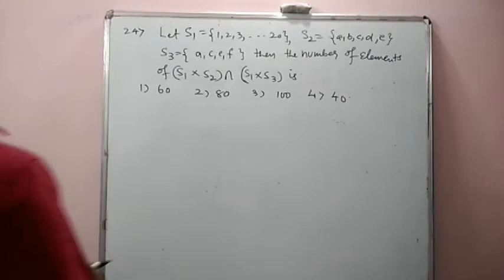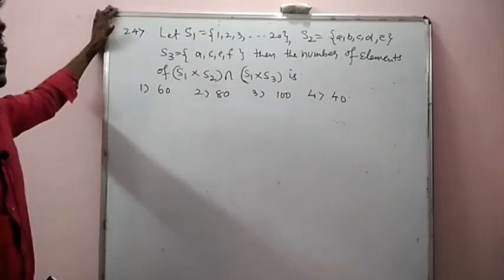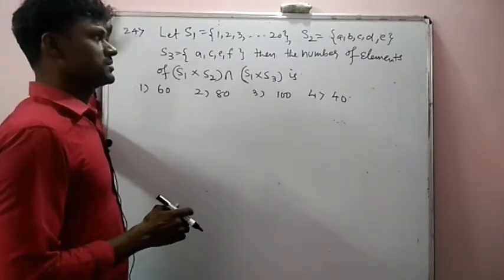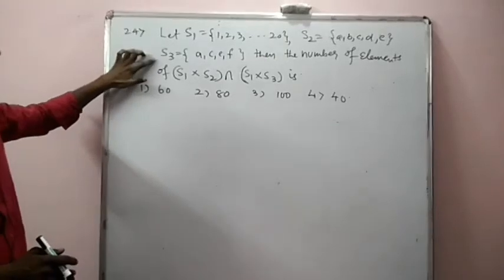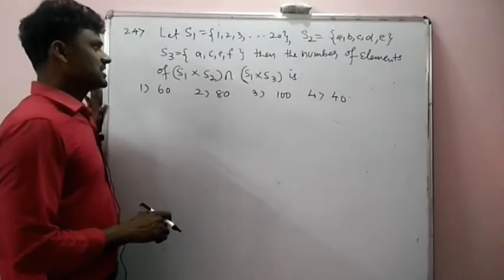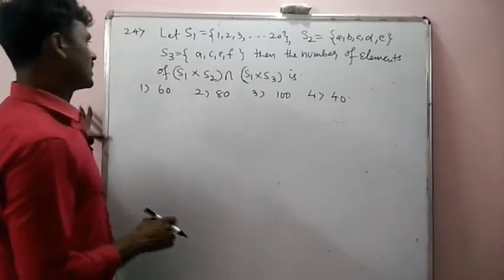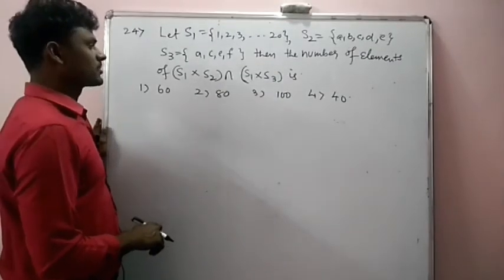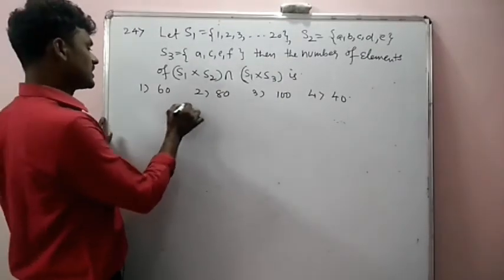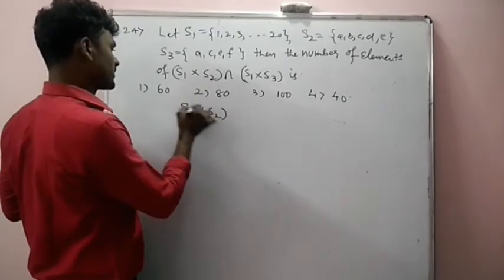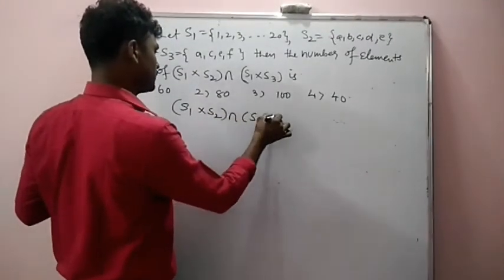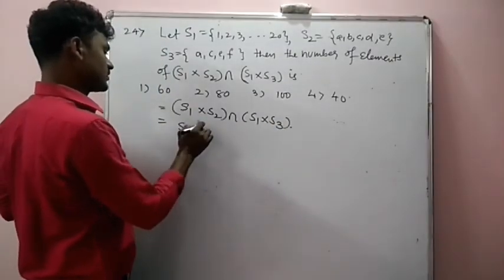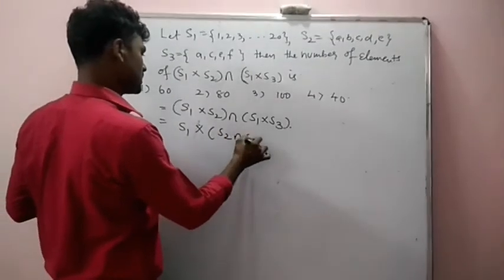Okay, next question: let S1 be the set of 1, 2, 3 up to 20 elements, set S2 is the set of A, B, C, D, E, and set S3 is the set of A, C, E, F. Then find the number of elements of the Cartesian product of S1 and S2, intersection Cartesian product of S1 and S3. We know the property: S1 times S2 intersection S3.